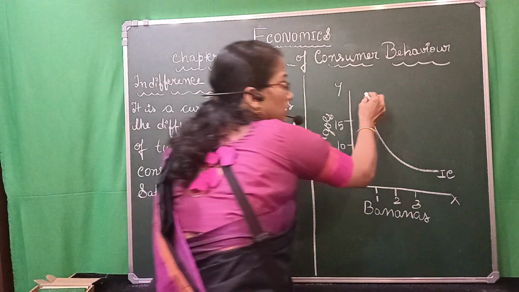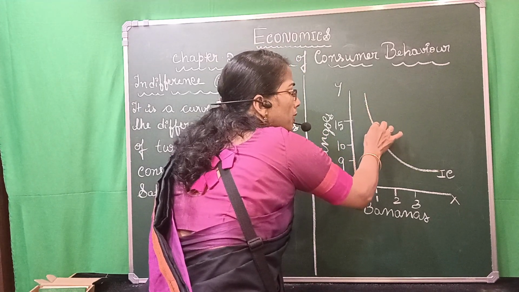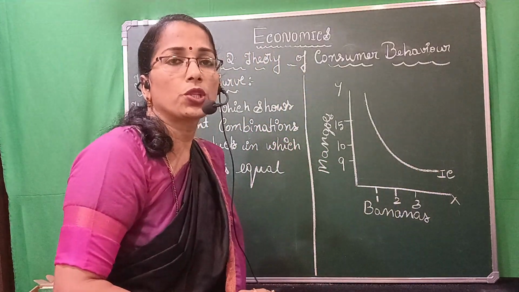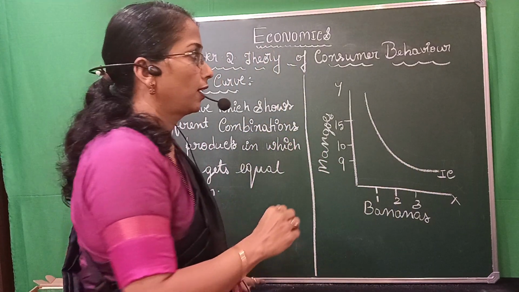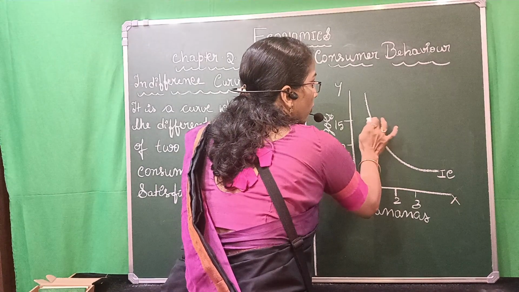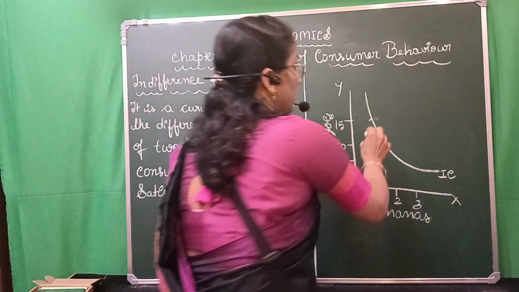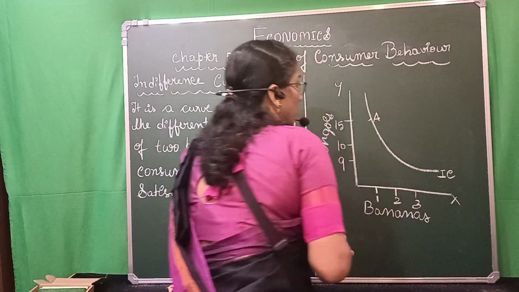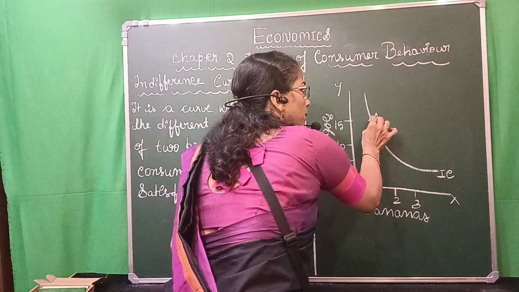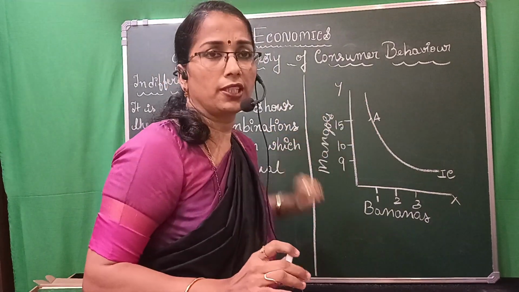Let us see this particular curve. This curve is made up of so many points joined closely together. So let us take one point on the curve. I will mark it as point A. You can take any point to make you understand, I am taking point A here.